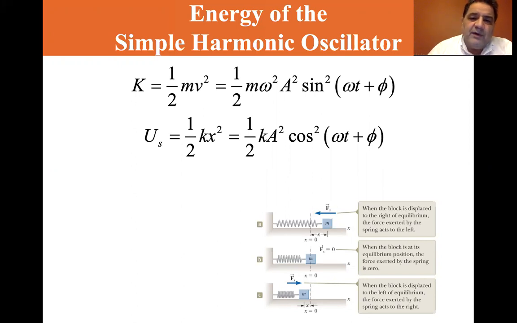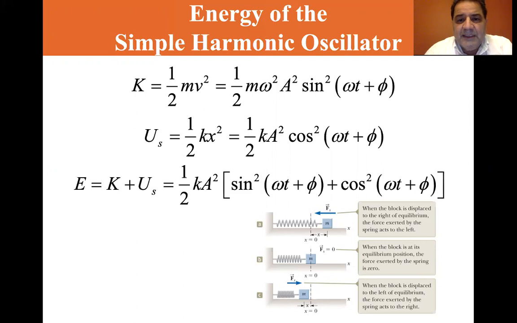So they both have a 1/2 k A squared, so we can pull that out using the distributive property. And so the total energy, the kinetic energy plus the spring potential energy, is 1/2 k A squared times sine squared(omega t plus phi) plus cosine squared(omega t plus phi).